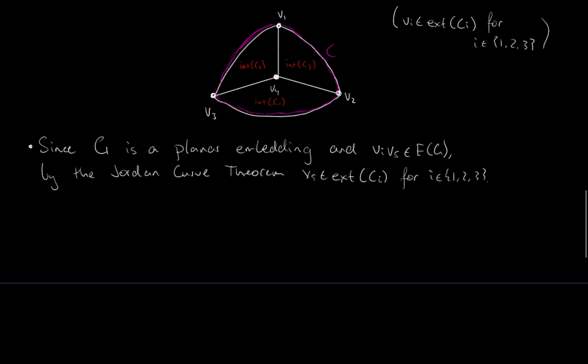Right, so because that is the case for i equals 1, 2, and 3, it must live in the exterior of here, here, and here. Well, the combination of these three cycles makes up the cycle that I've drawn in pink there.